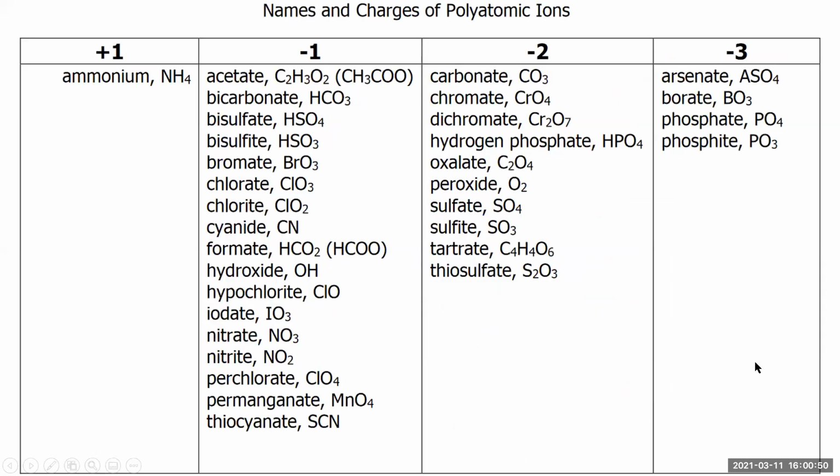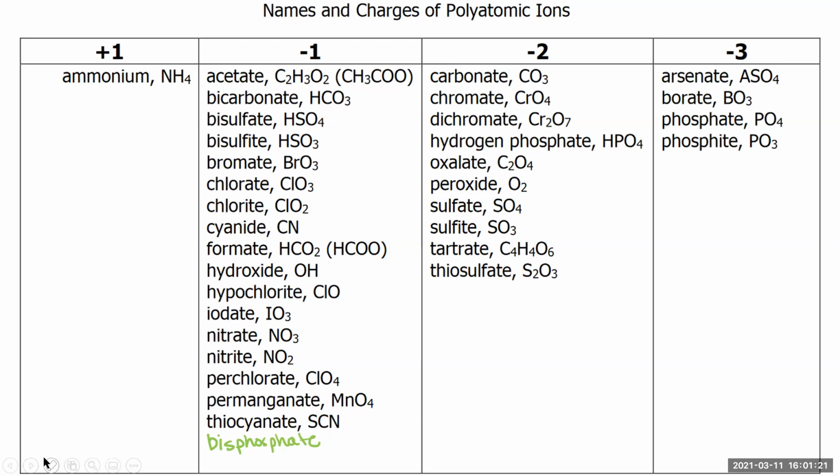Here's a list of some of the most common polyatomic ions that you should know. This again will also be listed in addition to a few other resources. There's only one on here that I noticed was not listed that I do want you to know. Sorry, it should be called dihydrogen phosphate.